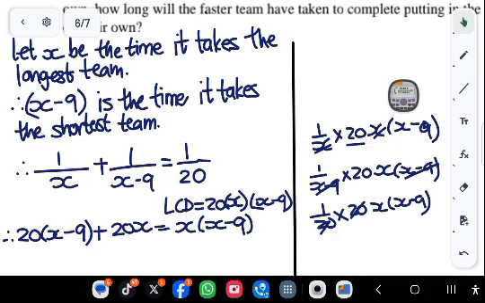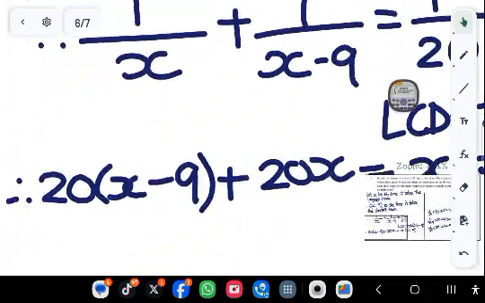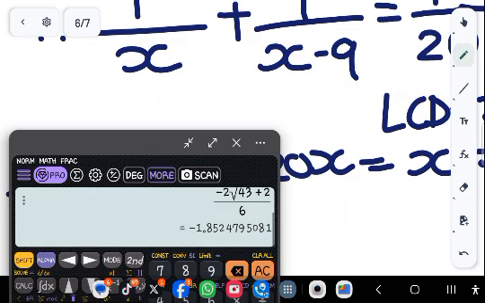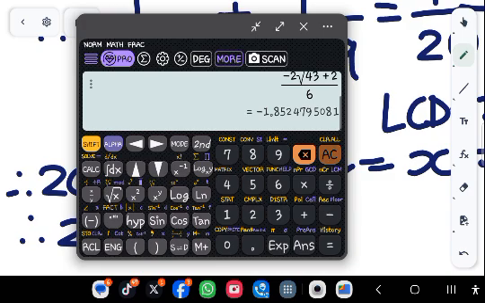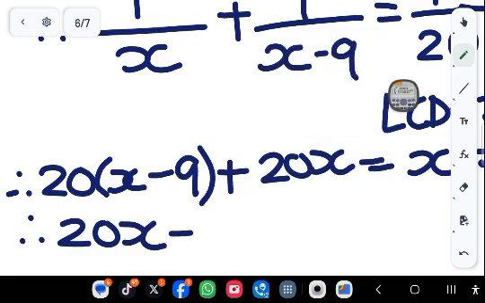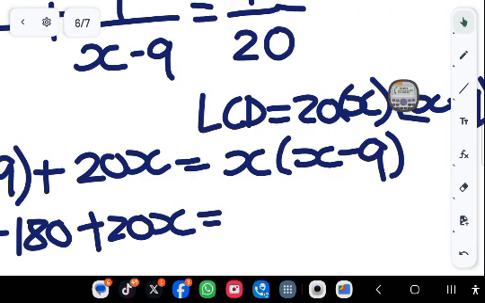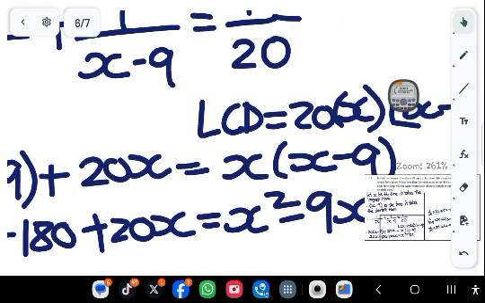And all you do now is clean that up, multiply out, and then take everything to the left hand side, add like terms. 20 times x minus 20 times 9. 20 times 9 is 180, so that is minus 180 plus 20x equals x squared minus 9x.